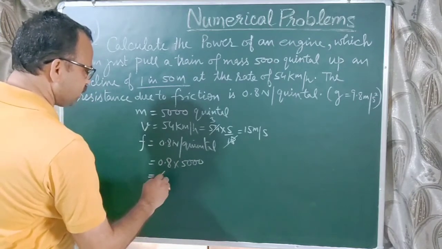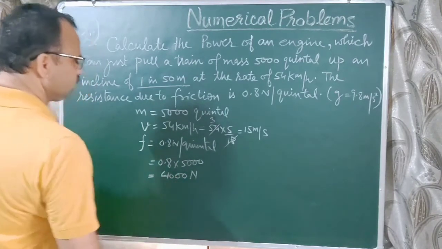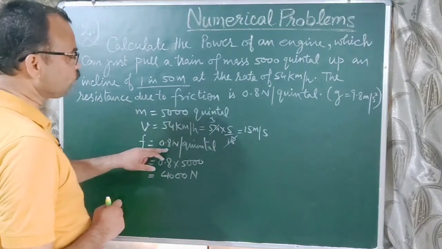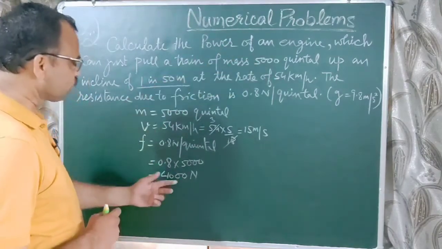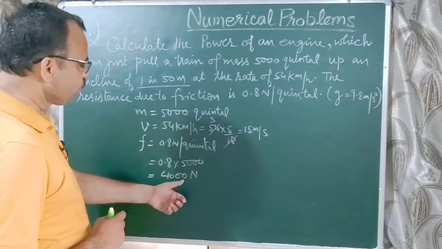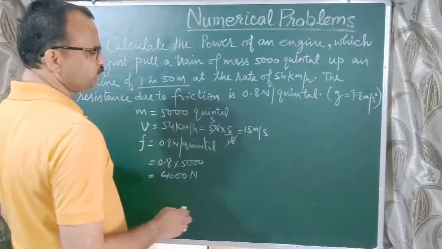So 8 times 5 is 40, and then the zeros. So in 1 quintal the force of friction is 0.8 Newton, but in 5000 quintal the force of friction will be 4000 Newton.